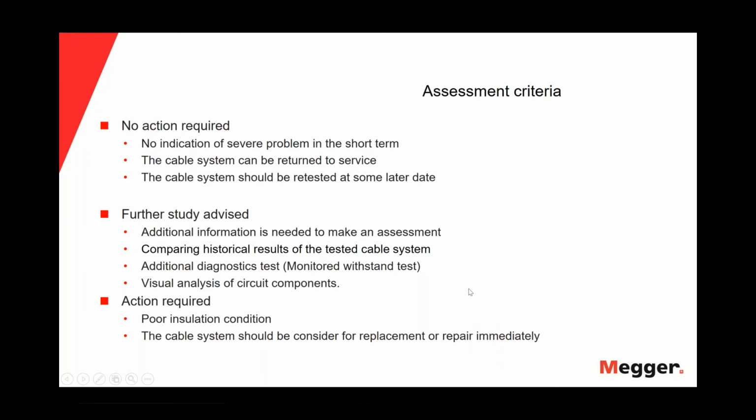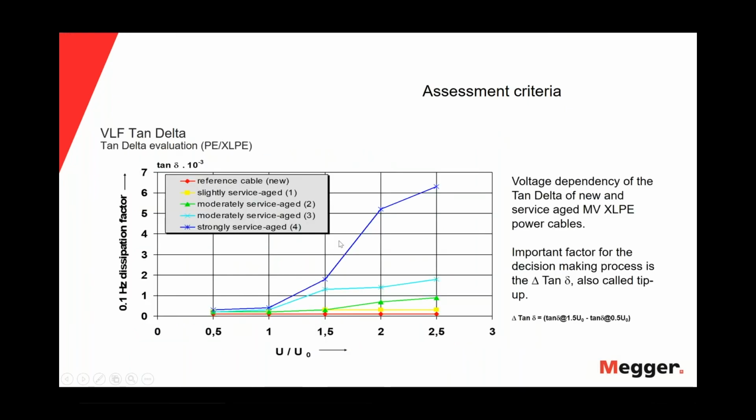To continue with the assessment criteria, we can see that for XLPE insulation, there is a voltage dependency. For instance, in this graphic, we can see that for a new cable or a reference cable, the red graphic that we have here, we have almost a flat line.